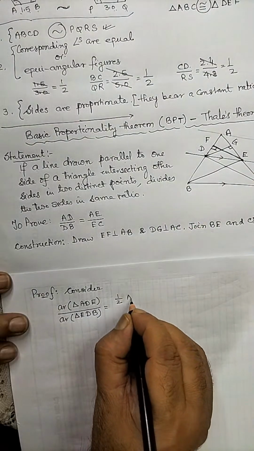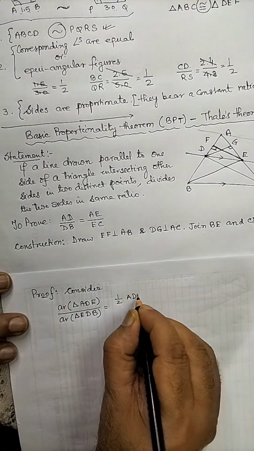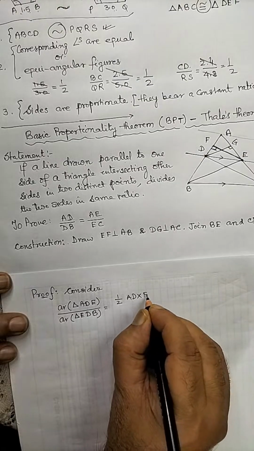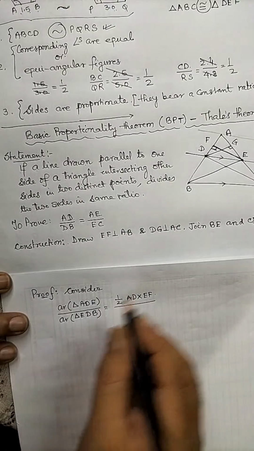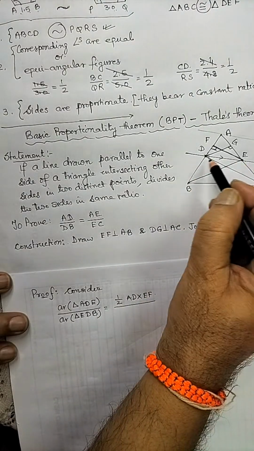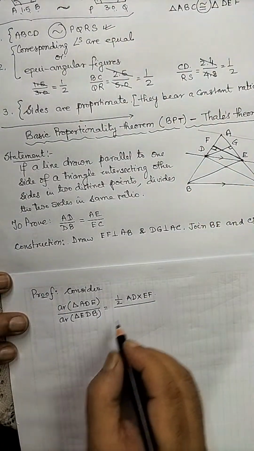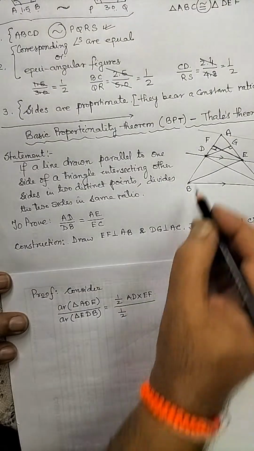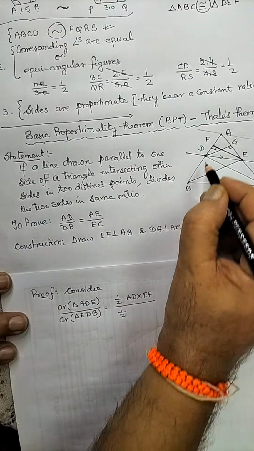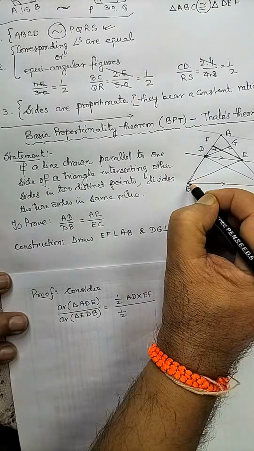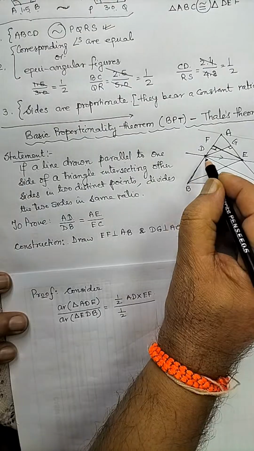Half of AD is the base and EF is height. Similarly, for this triangle EDB, the base is DB. Remember, here there is a confusion.